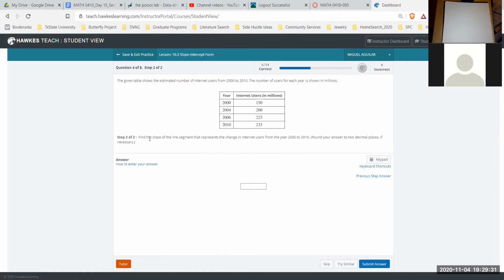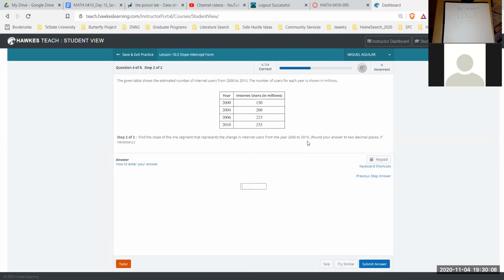For this problem, again, another application problem. It says find the slope of the line segment that represents the change from 2006 to 2010. Okay. So let me write this data down and we'll work with it and see what the question is actually asking us. So we have the years, and we have internet users, in millions.